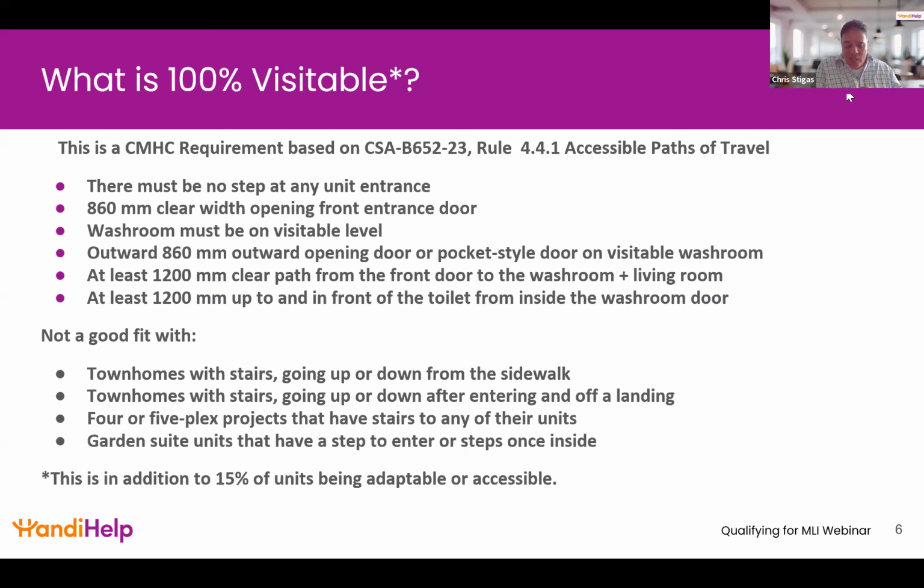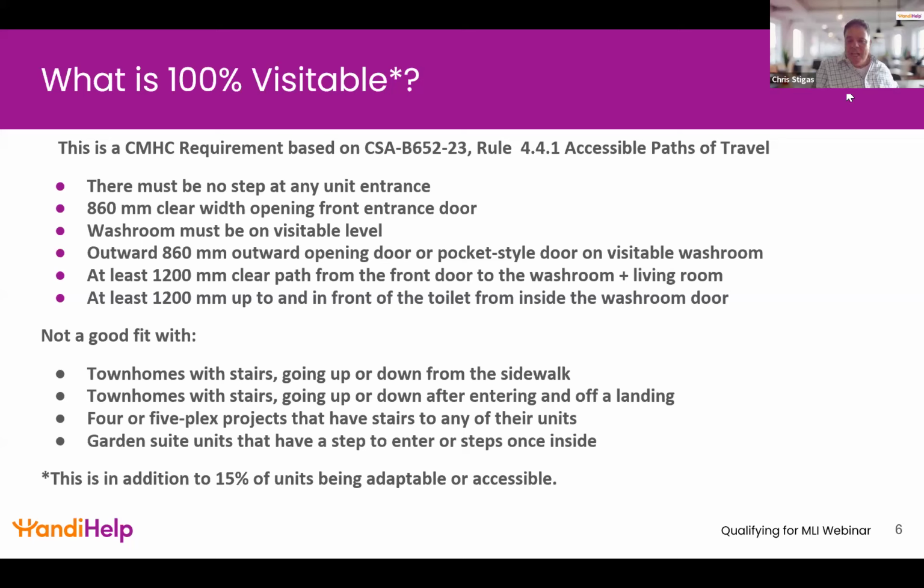That's what the CMHC interpretation is based on. So this means that there can be no step getting through the front entrance of any unit. So a person using a wheelchair needs to be able to visit every single unit. He needs to be able to get from the sidewalk through the front door of every unit.